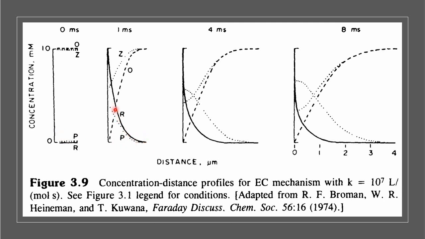So obviously the product will be at high concentration over here, and as the reaction proceeds the concentration of product will continue to increase with the formation of the reduced species R. The same is observed sequentially in this figure.